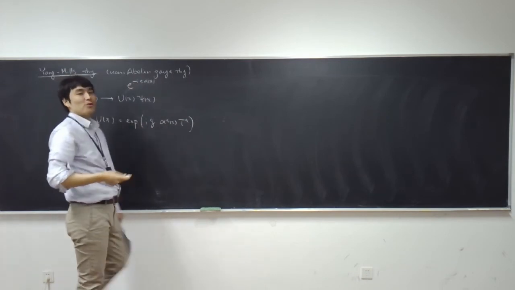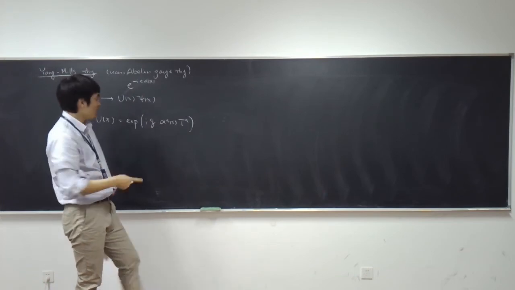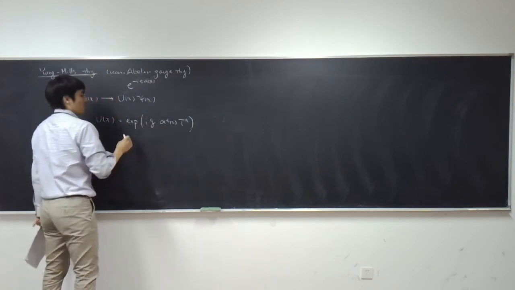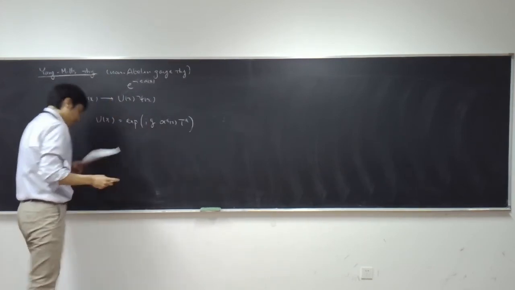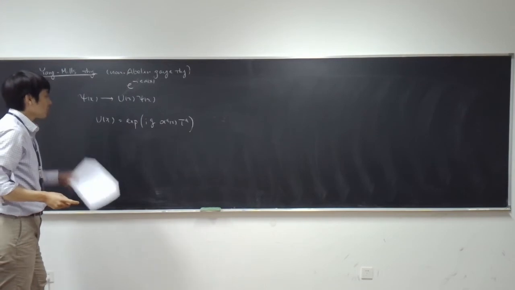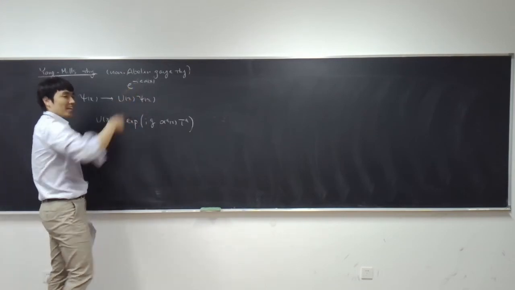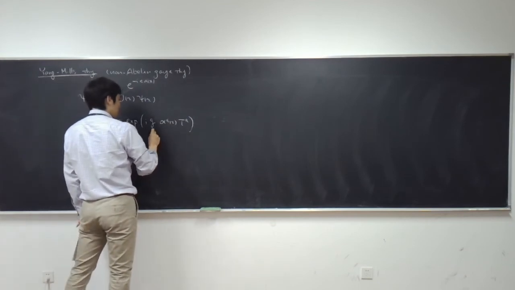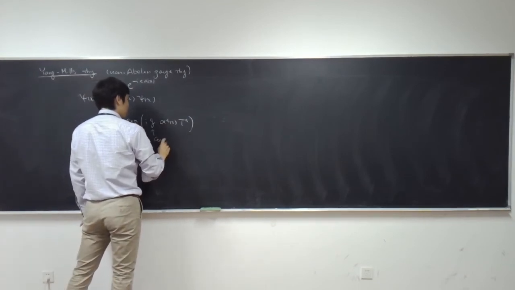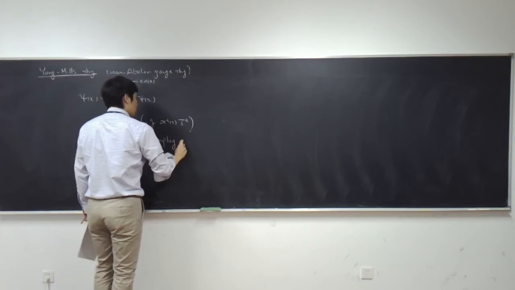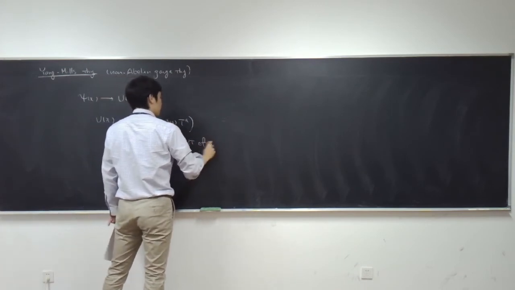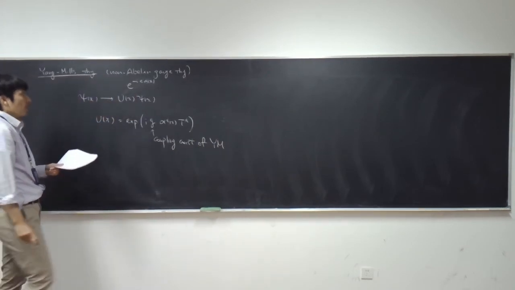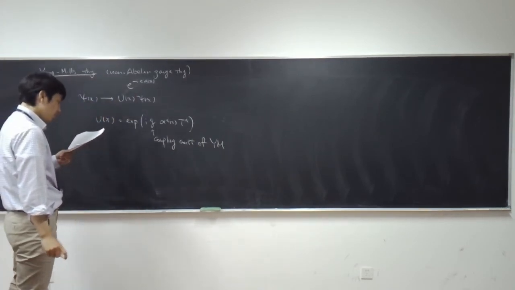But if you change the notation, now g is some positive value, so there's no minus sign here. When you go from g to e, you have to be careful: g is not the coupling constant; this is the coupling constant of Yang-Mills theory, which is assumed to be positive.